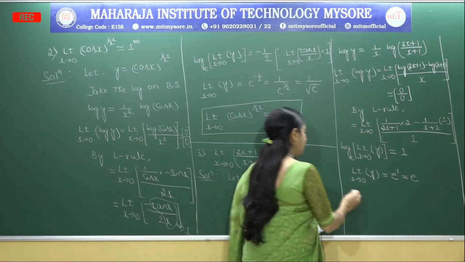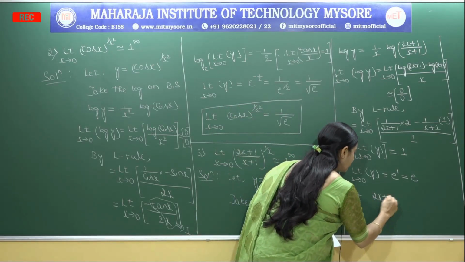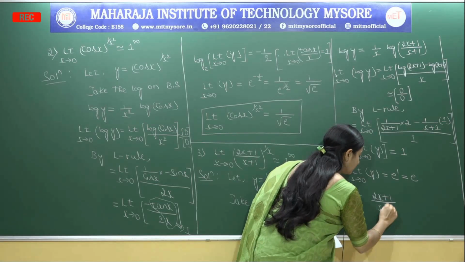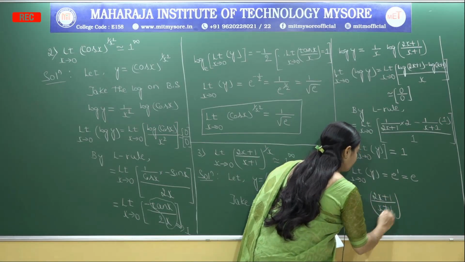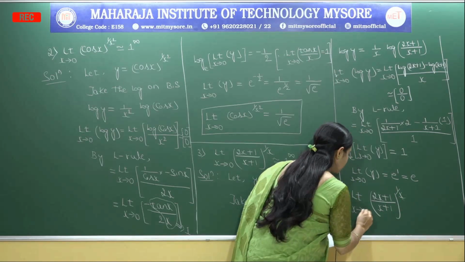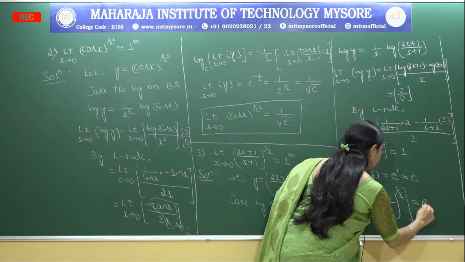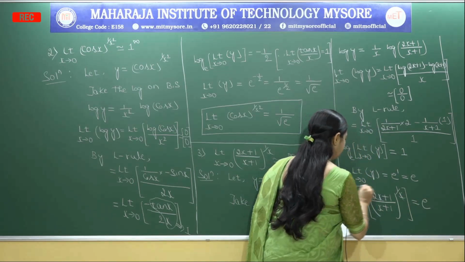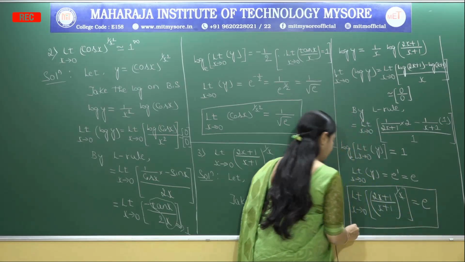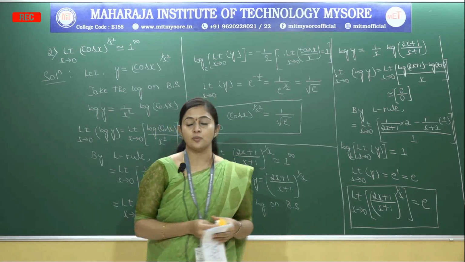Starting, you taken y as the limit of 2x plus 1 over x plus 1 power 1 by x as x tends to 0. This answer is equal to e. This is the answer. Next problem.